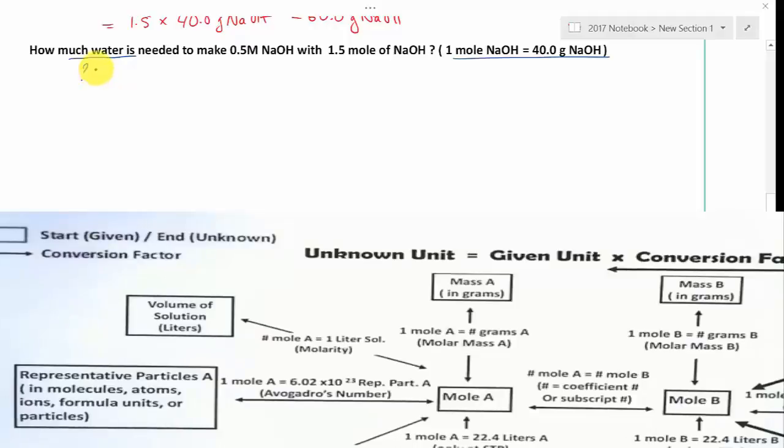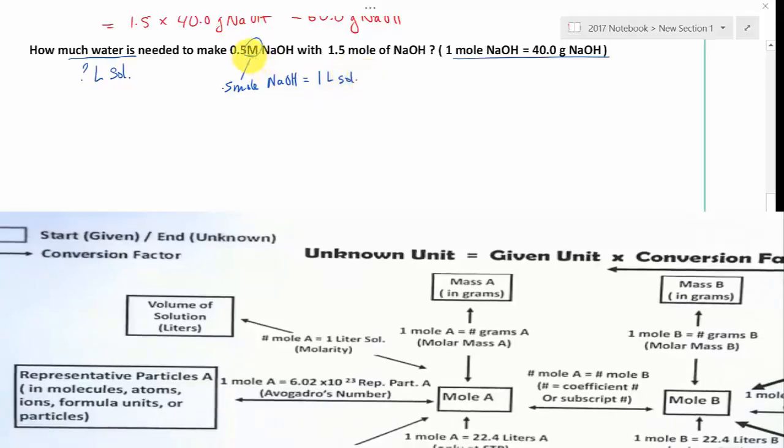So this is basically asking how many liters of solution it is going to be, okay? And it's needed to make 0.5 molarity. That tells you there is your conversion factor, which is 0.5 mole of NaOH equal to 1 liter of solution.